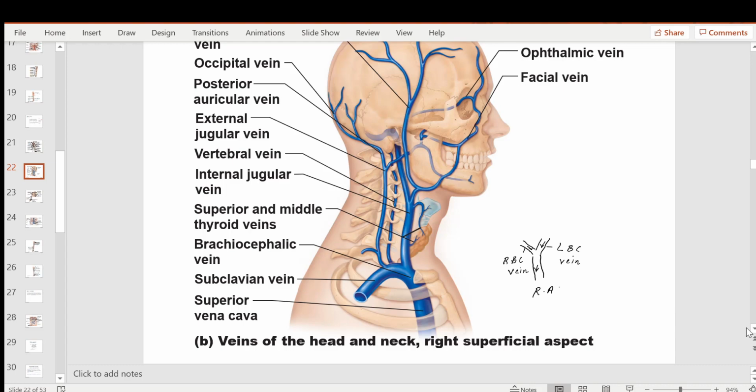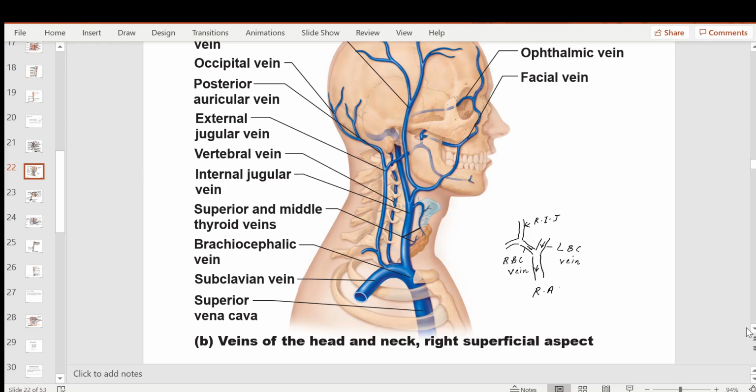Make sense? Then I told you that the brachiocephalic vein receives blood from two large veins. One brings blood from the head part. This is called the internal jugular. So this is the right internal jugular. Makes sense?